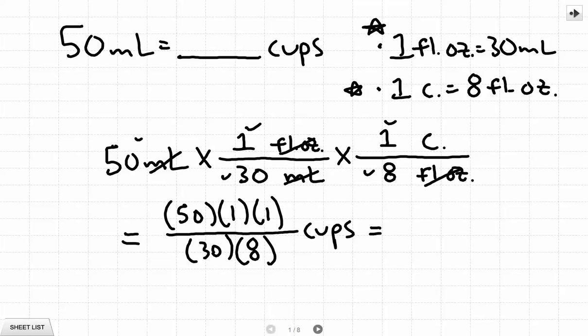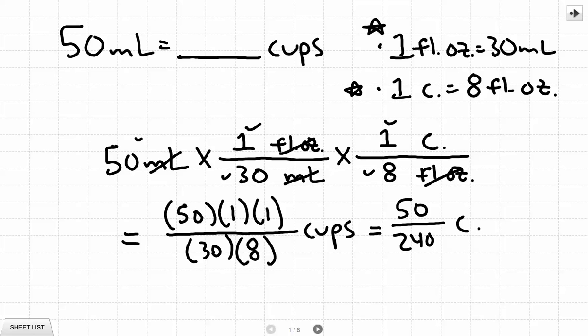So when you do the math here, you have 50 over 240 cups.